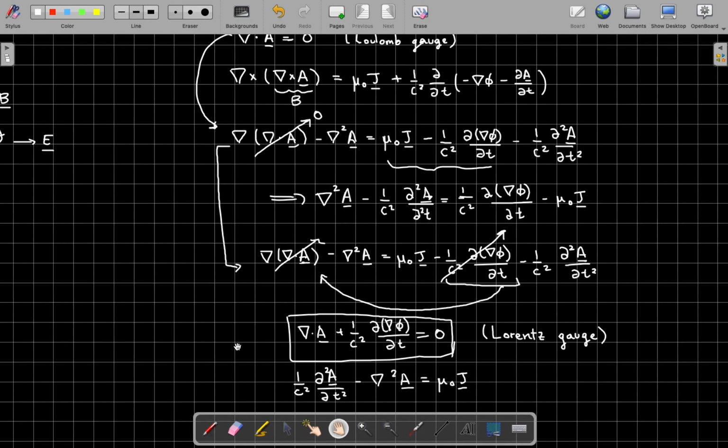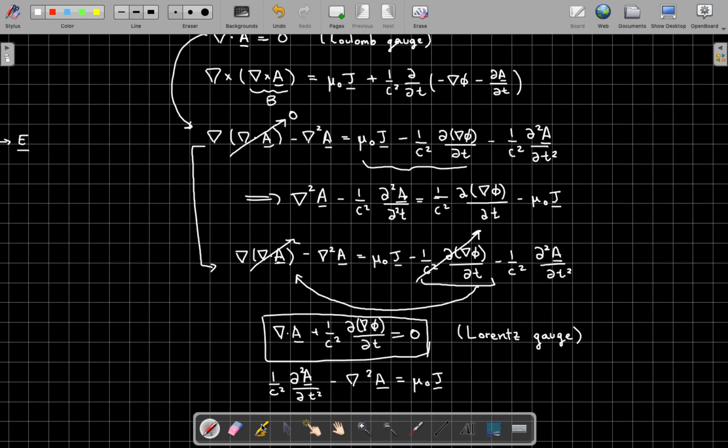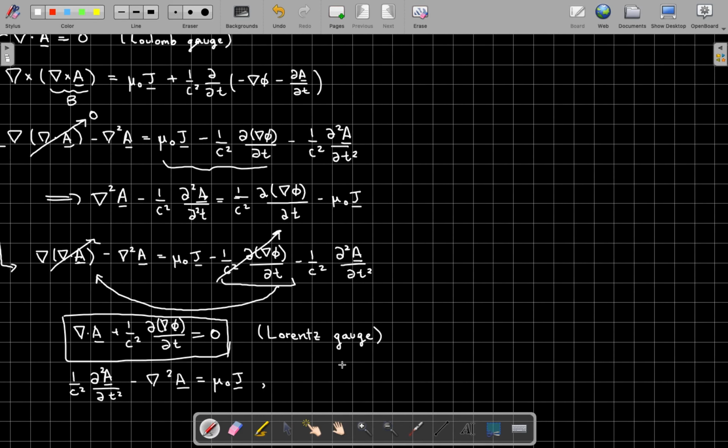Wonderful. Now you can do a similar calculation for the scalar potential, right? By using Gauss's law, and Gauss's law will tell you what it will give you. So now we're using Gauss's law.